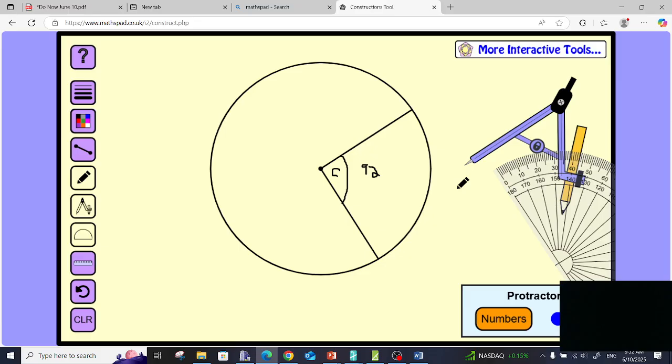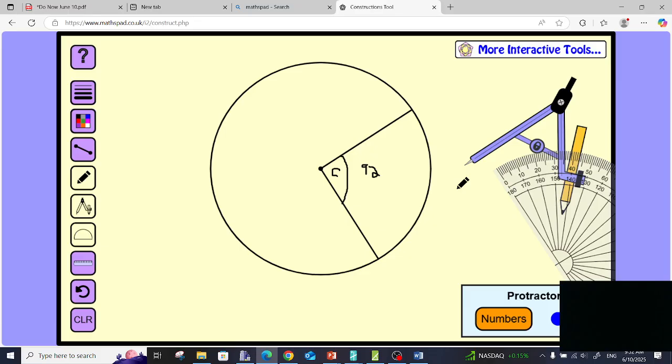How many degrees would it be? 360, correct? Well, it turns out that since mine is 92 degrees, this outside arc would also be 92 degrees. The central angle and the arc it intersects have the same degrees.